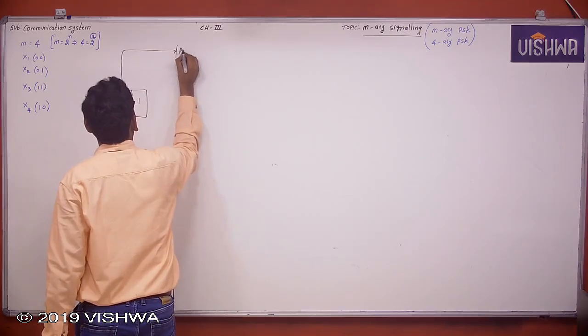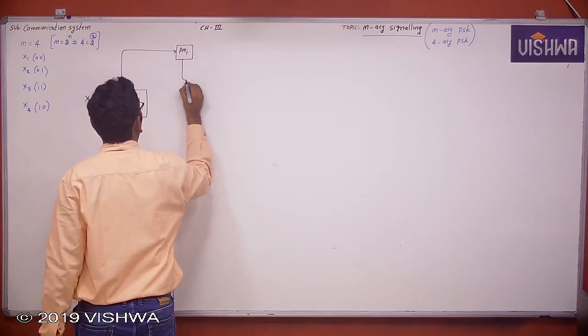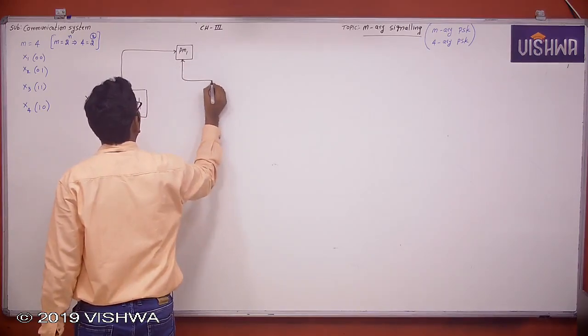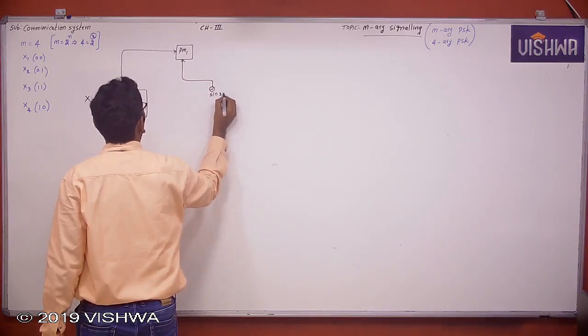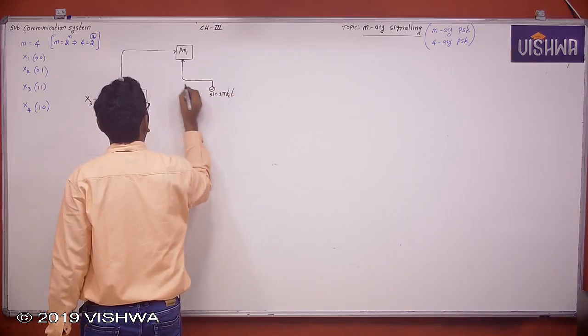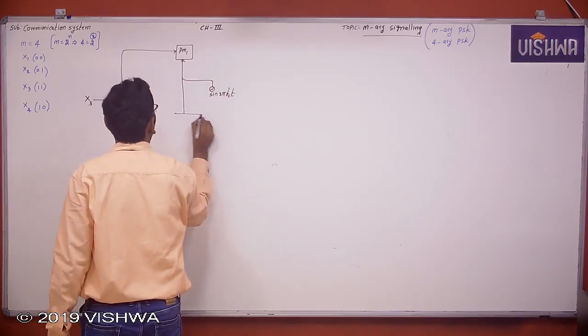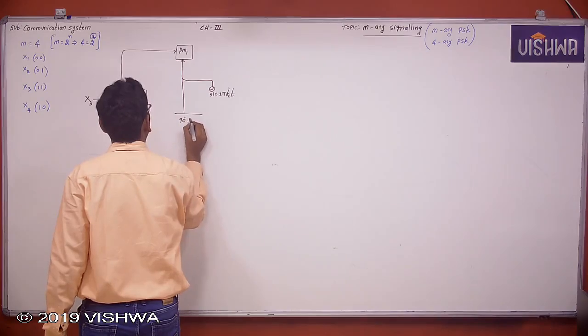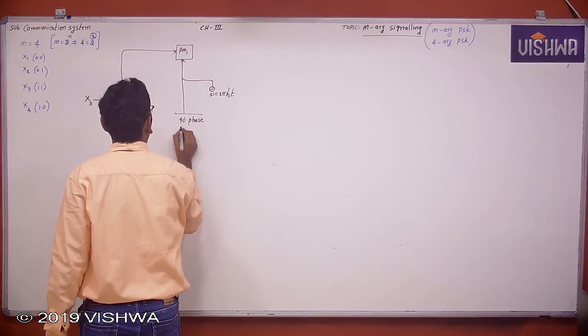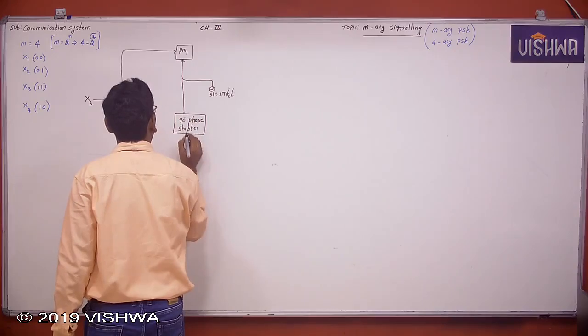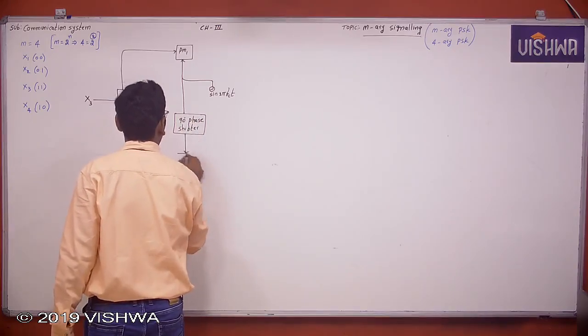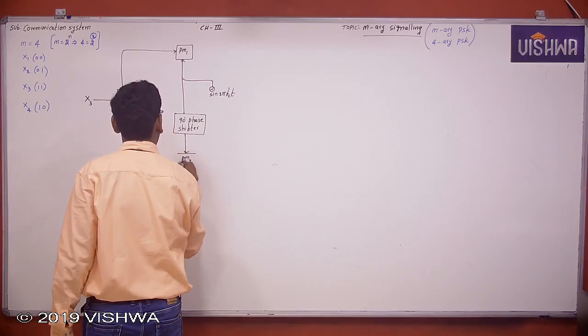Now this is product modulator 1. This is the carrier, sine 2 pi FCT. This is the 90 degrees phase shifter. This is product modulator 2.